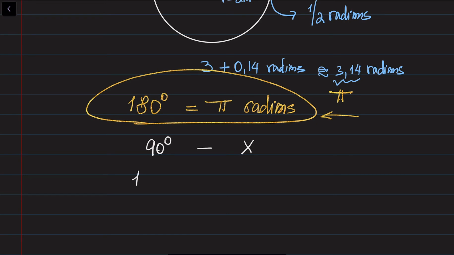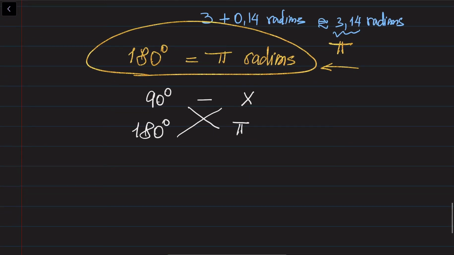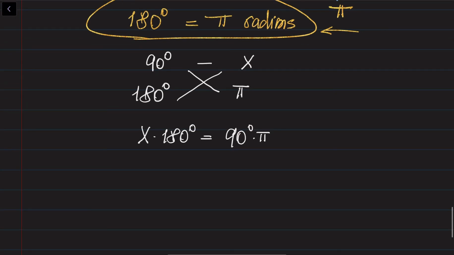You write down that 180 degrees is equal to pi radians, and make the proportion by multiplication: x times 180 degrees is equal to 90 degrees times pi. Then x is equal to 90 degrees divided by 180 degrees times pi, which is pi over 2.